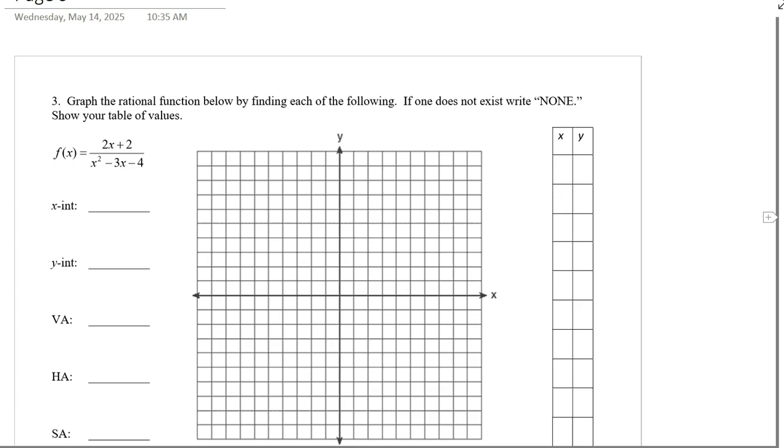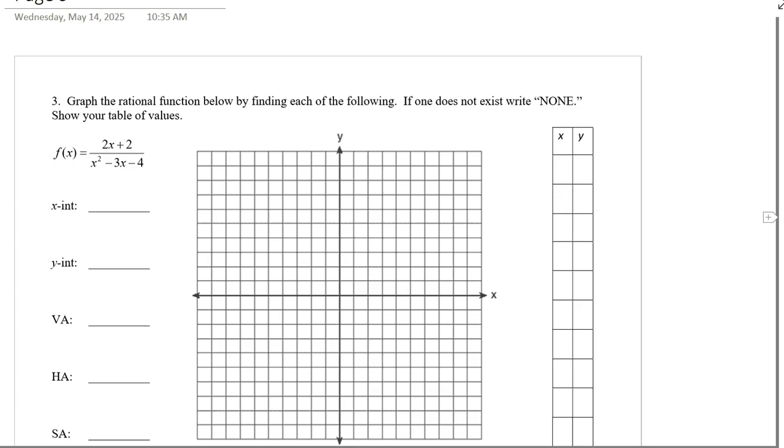So to start this out, I'm going to remind you that in order to graph a rational function, we want to find all of the attributes and characteristics, including the x-intercept, the y-intercept, and any asymptotes. So looking here, first thing I'm going to do is look for a point of discontinuity or a hole.